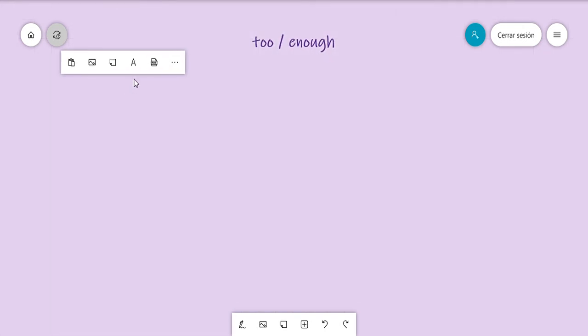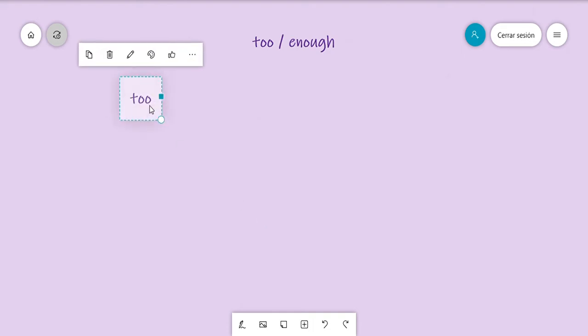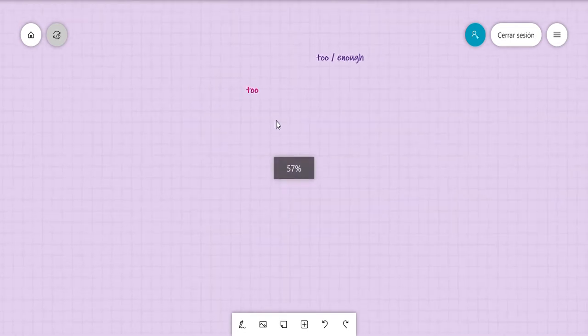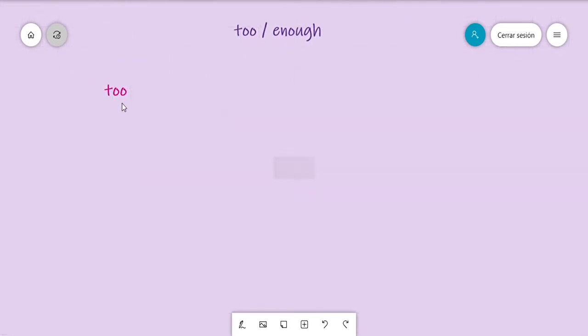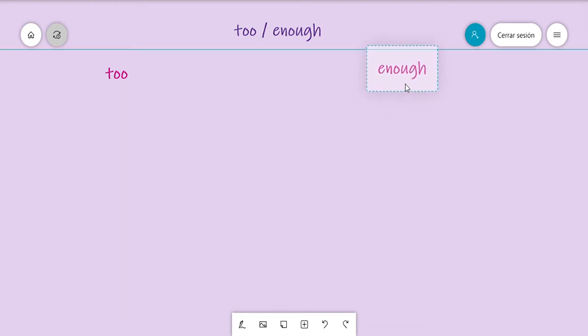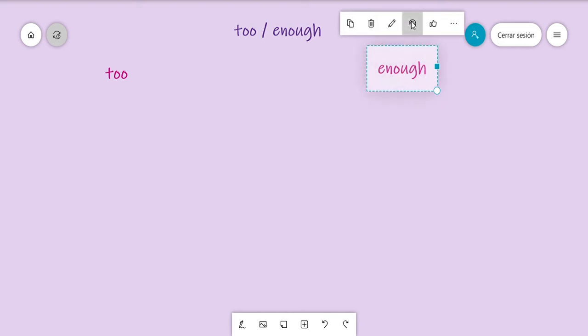In the case of "too," it is used when the person or the action or object passed the limit that you have or that is established. And in the case of "enough," it is used when you are exactly at the point of the limit.